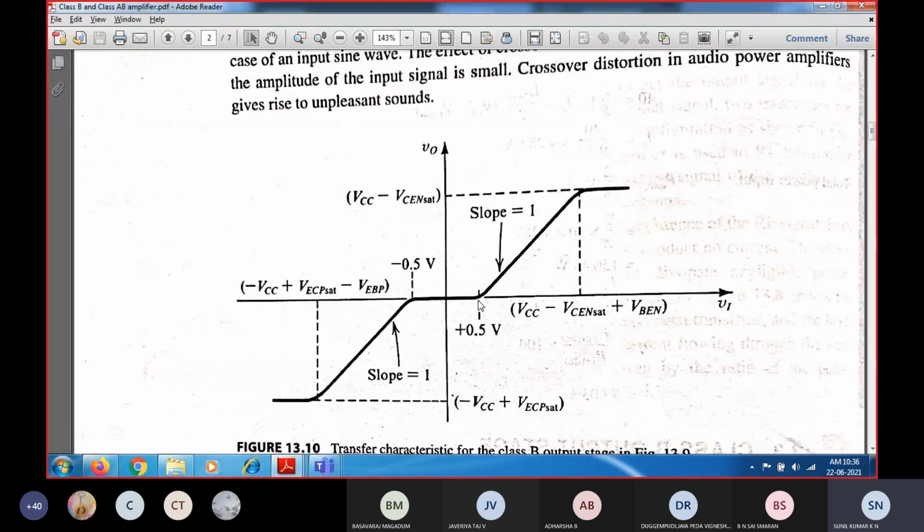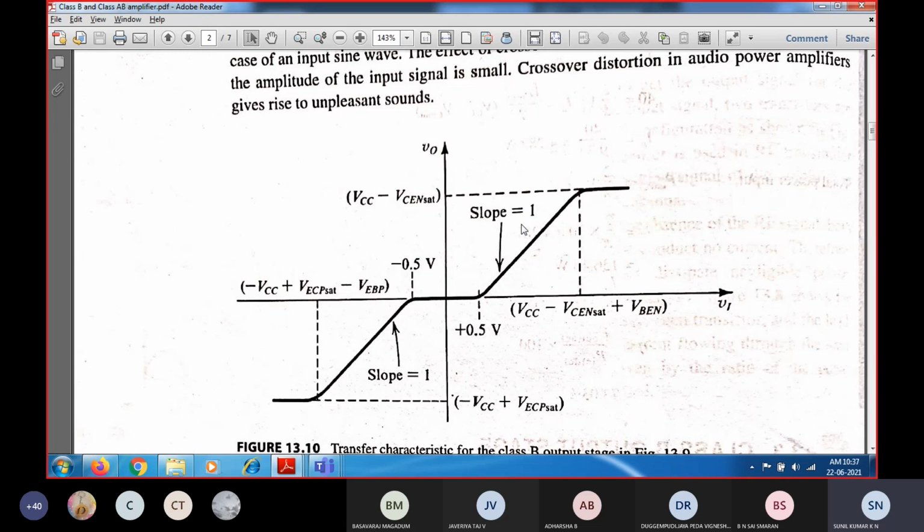Whenever the input voltage is less than 0.5 V, the BJT will be in the off state, QN will be in cutoff. Once the input voltage exceeds 0.5, you can see the output is going to increase with respect to input.